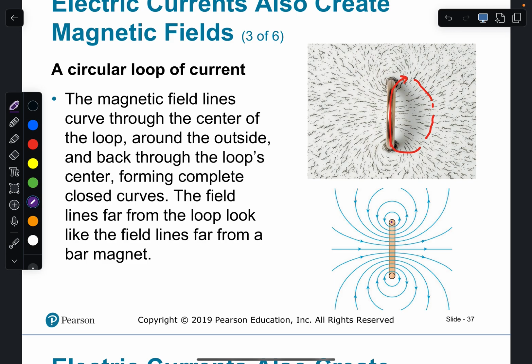It's pointing into the page, which I'll mark with an X. So the current is out of the page here, in at the page here. Because it's a loop, the current is going to flow in the circle, coming out of the page at the top, into the page at the bottom. Does that make sense?